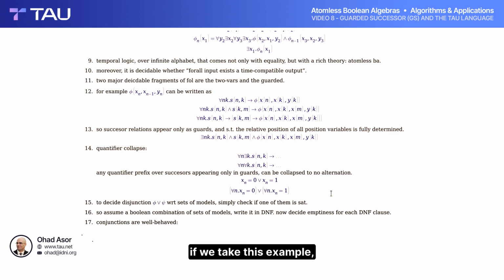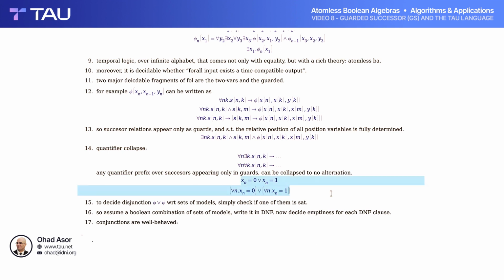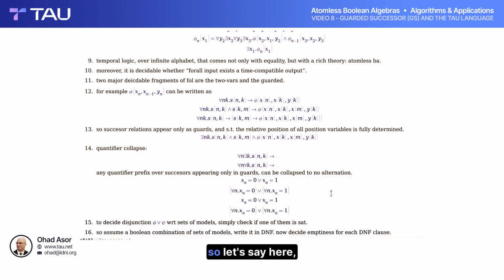So if we take this example, for the conjunction to not be empty, let's say this is strictly greater than 0, and this is strictly smaller than 1, and here we have conjunction. This is the same as this.